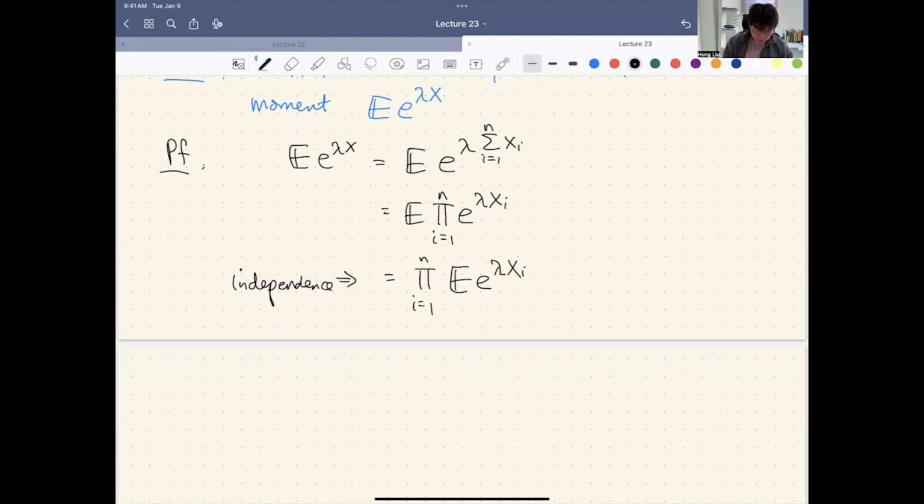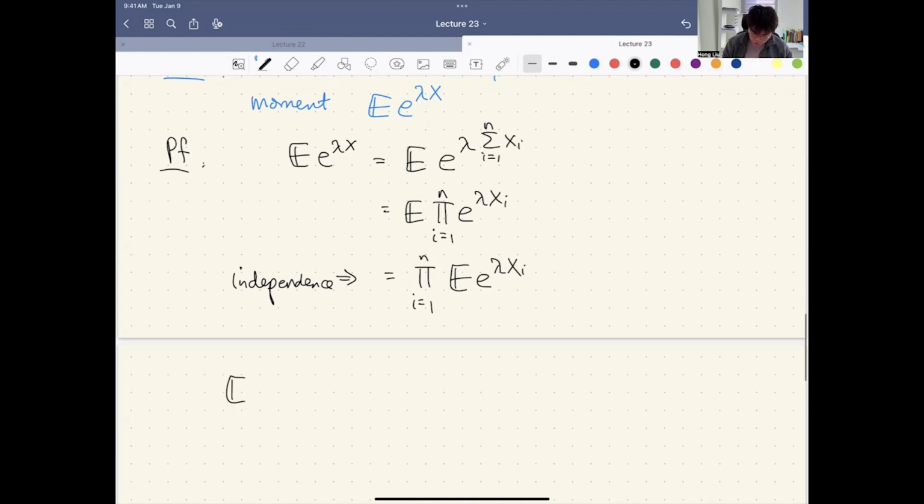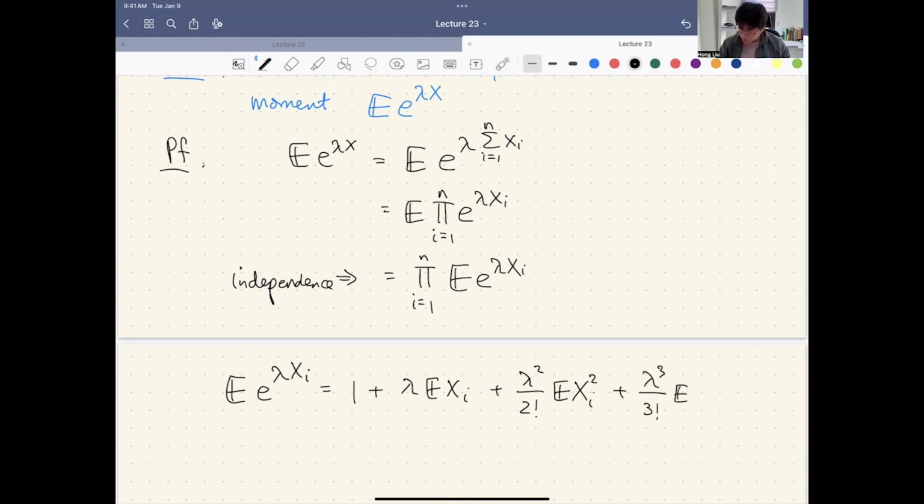The expected value of this guy equals 1 plus lambda times the expectation of xi, plus lambda squared over 2 factorial times the expectation of xi squared, plus lambda cubed over 3 factorial times the expectation of xi cubed, and so on.